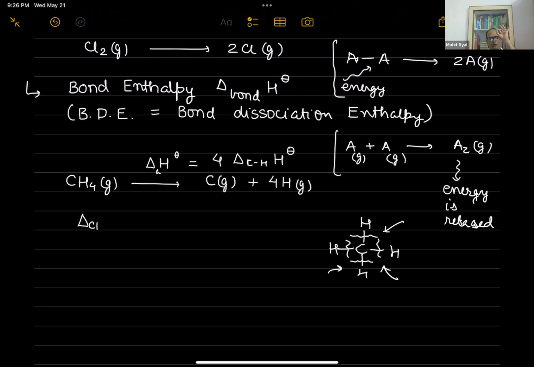If I give X for one, Y, Z, W for the others, whatever the energy, for each C-H bond it will be the average of all the 4 energies, because we are breaking 4 bonds. So the enthalpy of atomization is 4 times the bond dissociation enthalpy of the C-H bond. This is basically the mean bond dissociation enthalpy, mean or average.